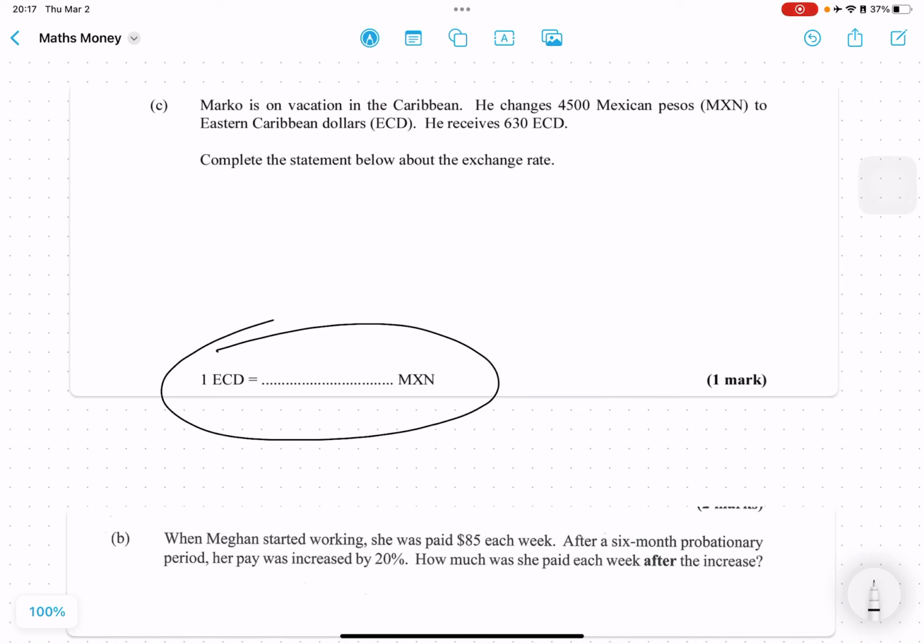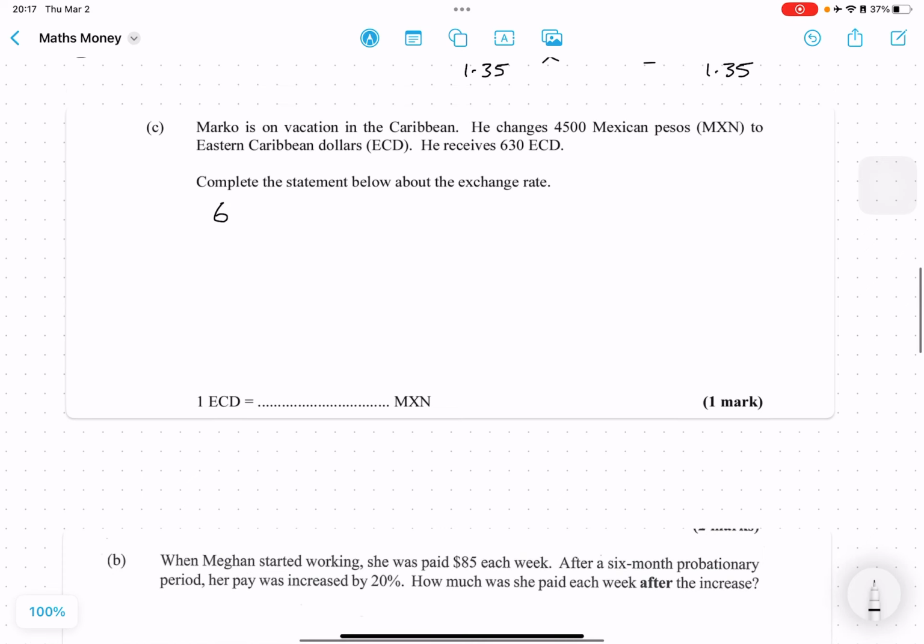So they said 1 Eastern Caribbean dollar, they want to know how many Mexican pesos is that. Alright, very easy. So in the data that they give us, he got 630 Eastern Caribbean dollars from 4,500 Mexican pesos.